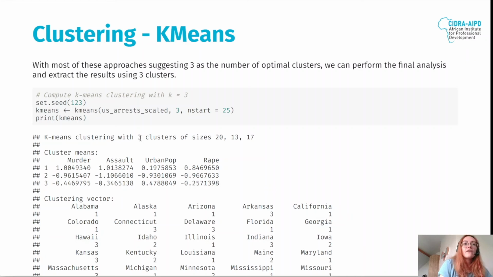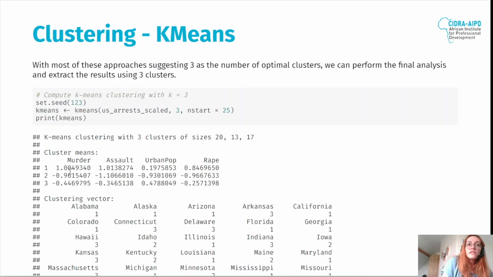So we have here that each of the observations, so each of the states, are going to be assigned to one of the 3 clusters. And this method gives you kind of a summary of the clusters as well. So we can see here that cluster 1 has higher assault, murder and rape rates, but the urban population is not that dense.